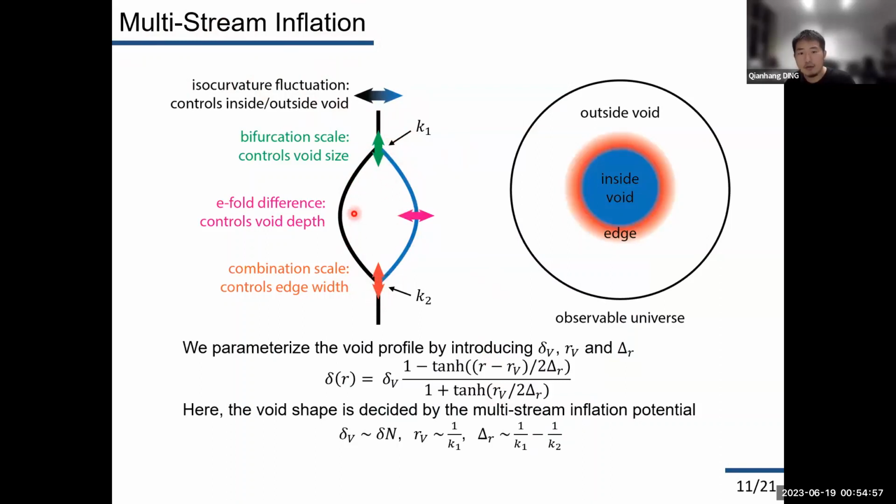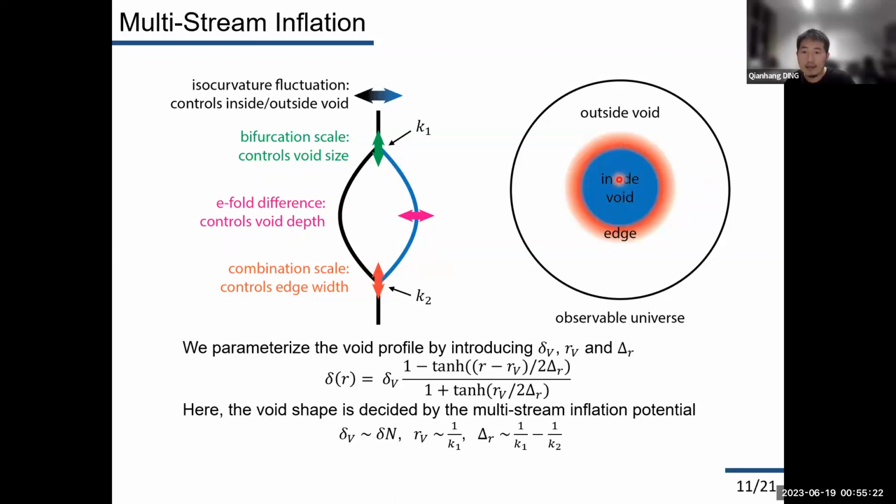The different trajectories have different e-folding numbers, and for the inflaton traveling on the trajectory with the shorter e-folding number, inflation ends earlier, and the range will start the expansion earlier and cause the matter density to dilute. This will induce such a local void.